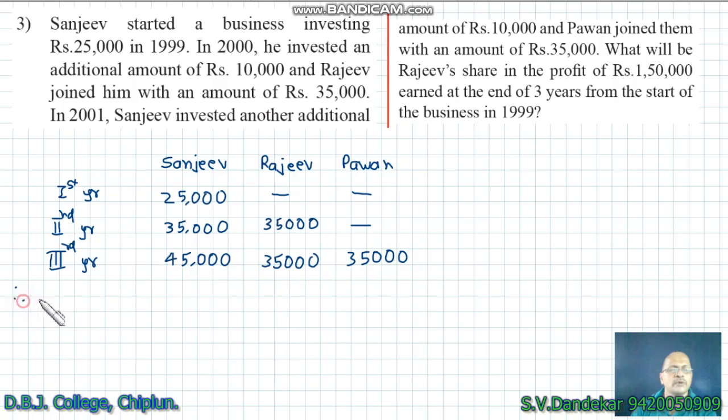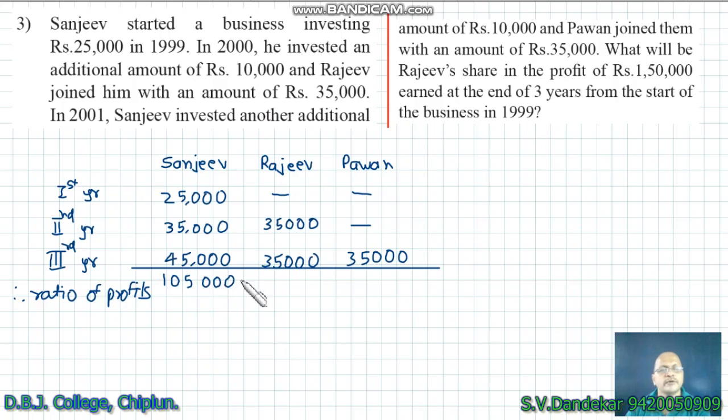And therefore a ratio of profits, add them: 105,000, 70,000, 35,000.